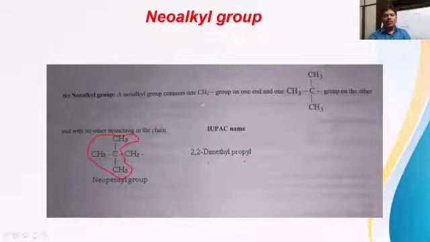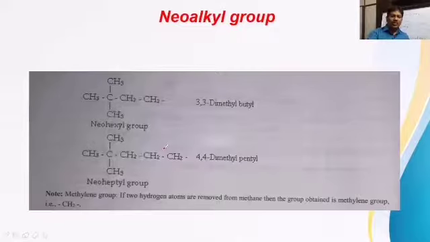So this group is called tertiary alkyl group here. So this tertiary alkyl group should be present at one end to be neo-alkyl. Okay, so it is one thing to understand. Next, another example of neo-alkyl groups is like this. If you observe this species, in this number 1 carbon should be started from where? So it should be first carbon. Why?